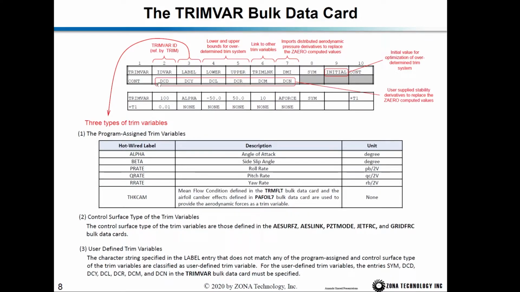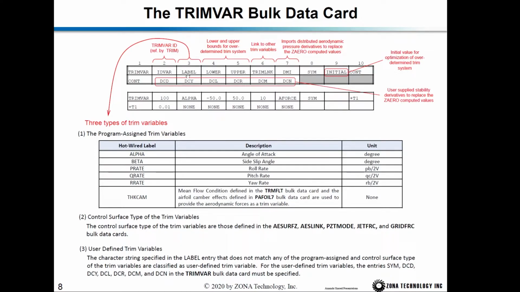And after that, these are the aerodynamic force and moment derivatives with respect to this trim variable, and the default is none. If it's none, then ZAERO internally computes the force and moment derivatives with respect to the trim variable.